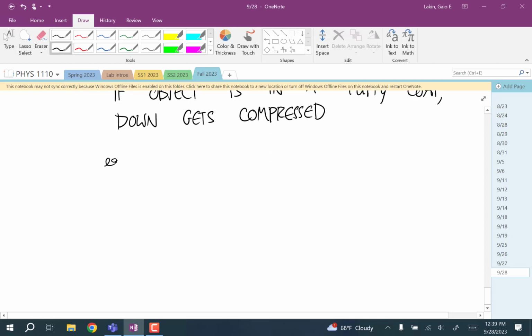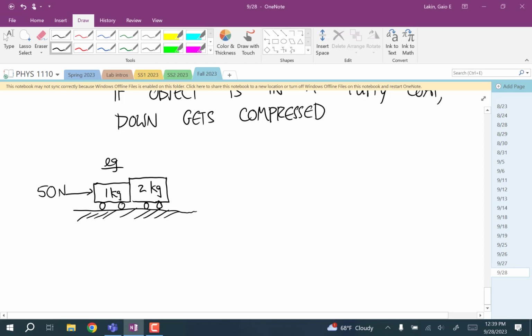So as an example of a pushing force, let's say we have 2 carts rolling along a horizontal surface. So a 1 kilogram one, and then a 2 kilogram one. And let's say there's a 50 Newton force applied this way and 100 Newton force applied this way.